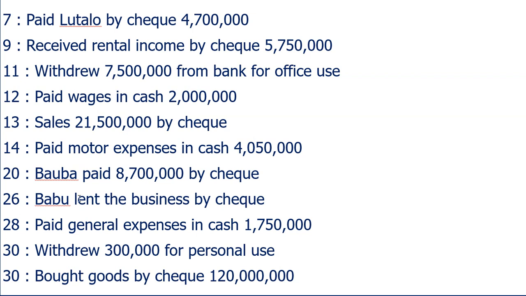These transactions must be reviewed and we see what the question is saying. The transaction on 26th, Bauba rented the business 75 million by check. This one here, 75 millions by check.